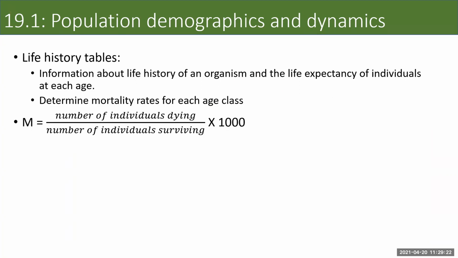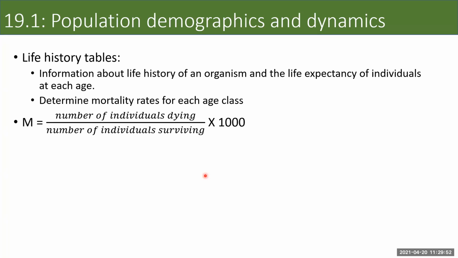All right. So the next thing we're going to look at is basically the information about the life history of an organism and the life expectancy of individuals at different age classes. And so, age classes can be defined pretty much any way you want to define them, right?